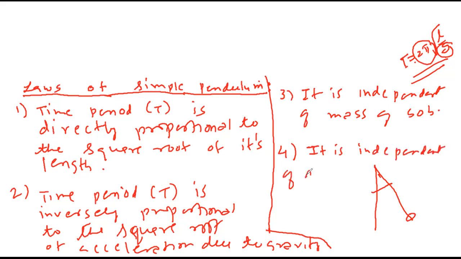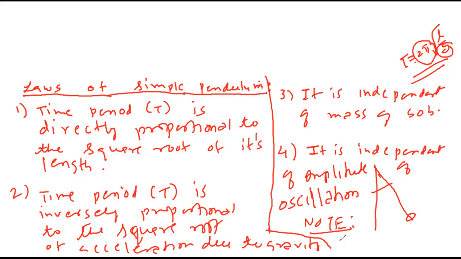This independence of amplitude of oscillation is also called the law of synchronism. So the fourth point in the notes you will write is called the law of synchronism. Write this fourth point in your notes.